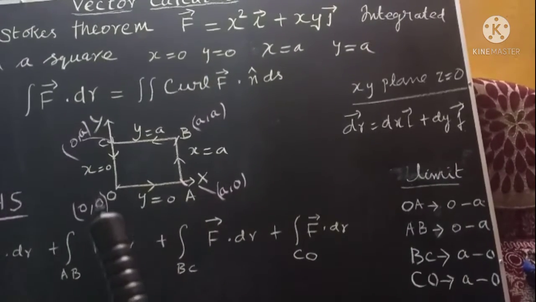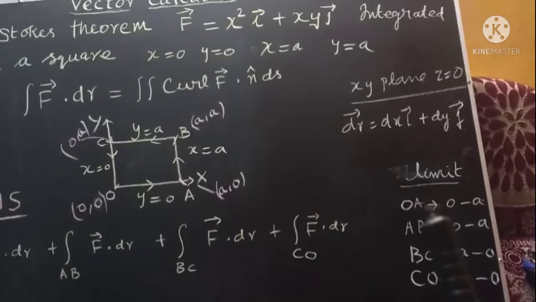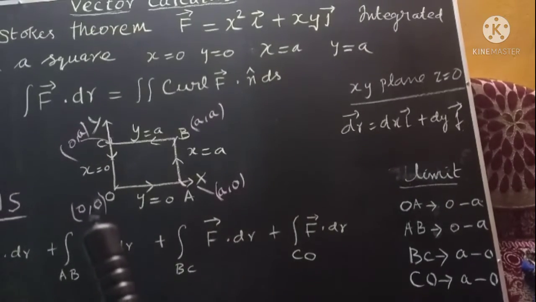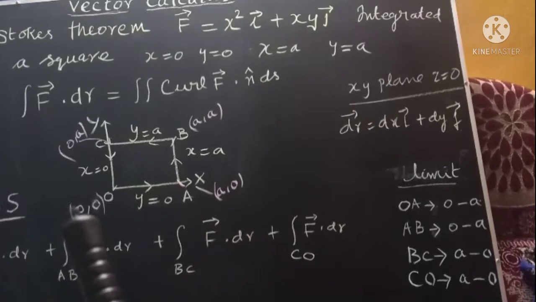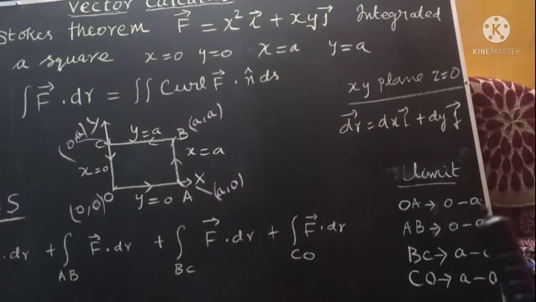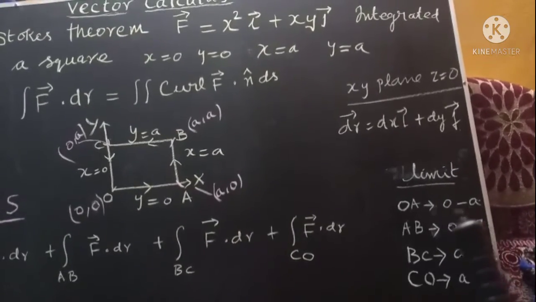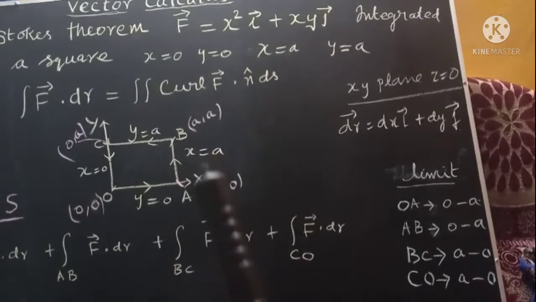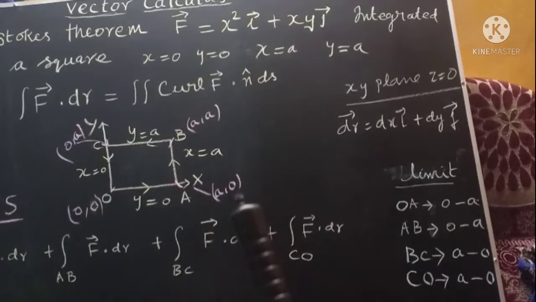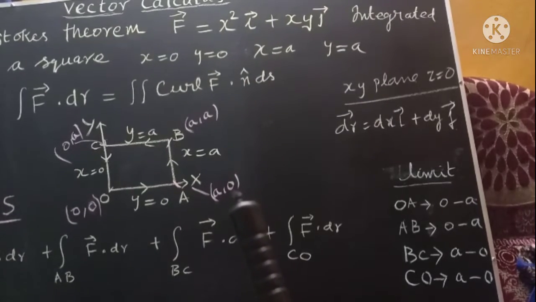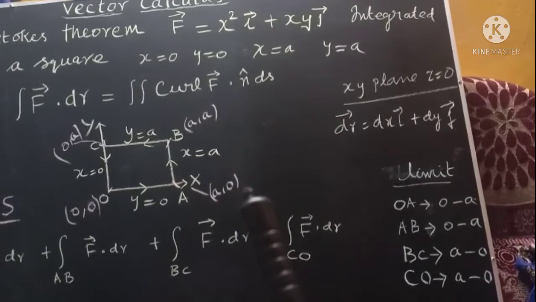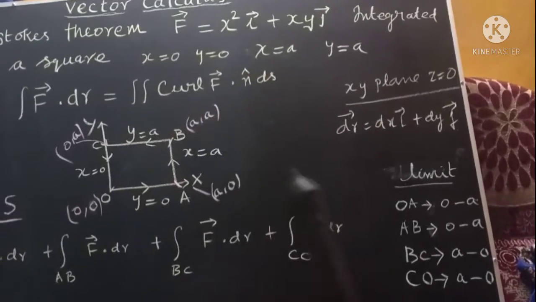Limits: first OA, on the x-axis, the limit is 0 to a, lower limit 0, upper limit a. Next AB, along the y-axis, the y limit is 0 to a.